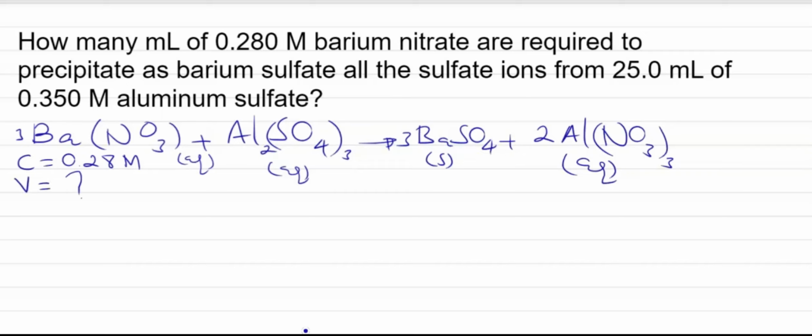We also have the volume of aluminium sulfate, and its concentration is 0.35. The volume, just put it in liters, is 25/1000.